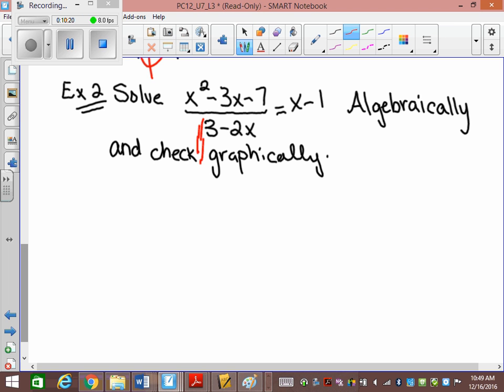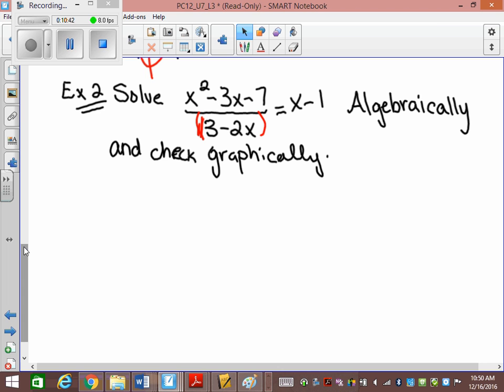Remember the 3 minus 2. I literally just went to do a bracket. 3 minus 2x should be in brackets because it's together.